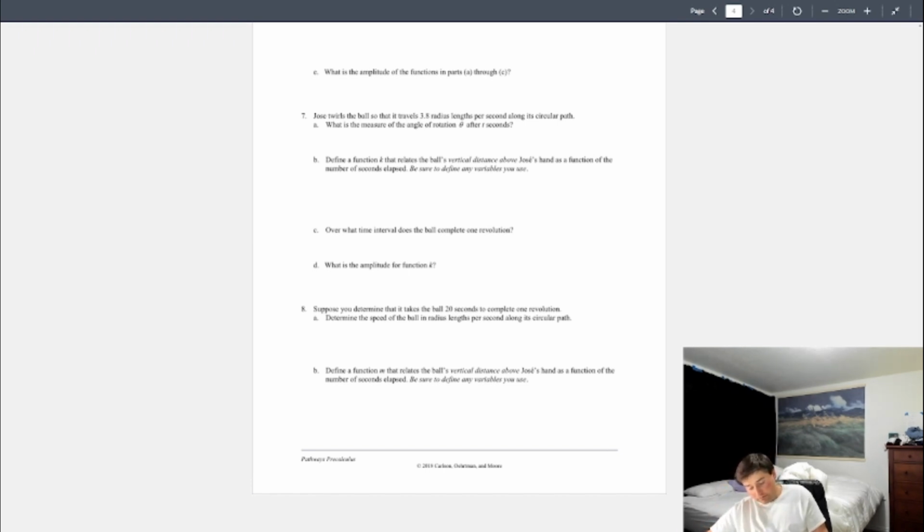If you multiply the radius length per second times 2 pi. Oh. For that, what would you get? You would get 2.3.